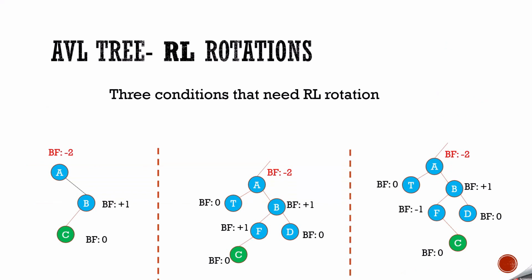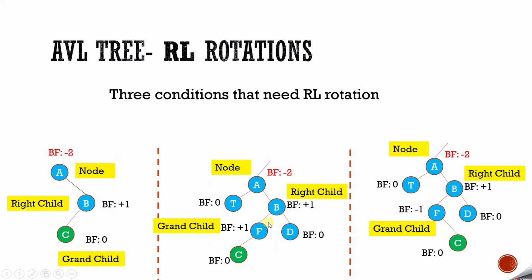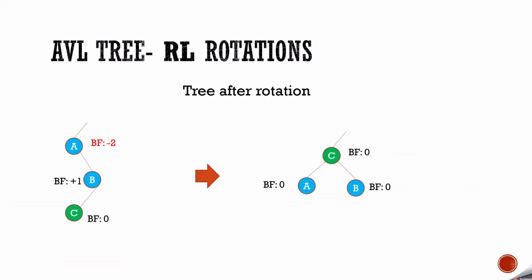So again, like LR rotation, it can also have 3 kinds of situations. The first one we have already discussed. The second is if you are adding a new node in the left subtree of a grandchild, or you are adding it as a right subtree of a grandchild. Here also, like the previous case, we designate the node whose balancing factor is not +1, 0 or -1 as the node, its right child as the right child, and that child's left child is going to become the grandchild.